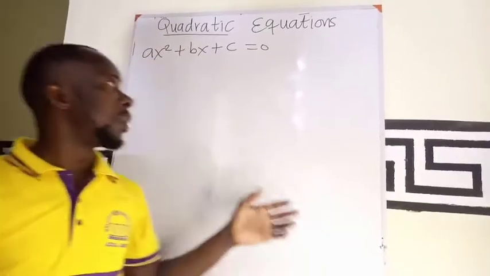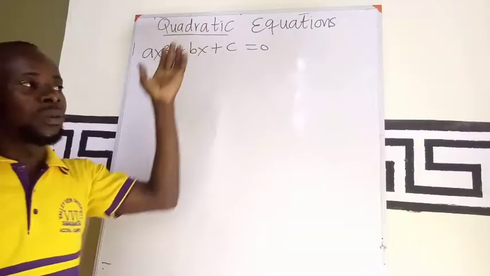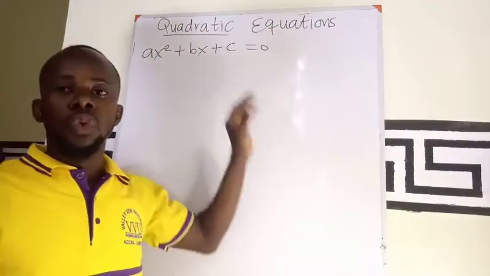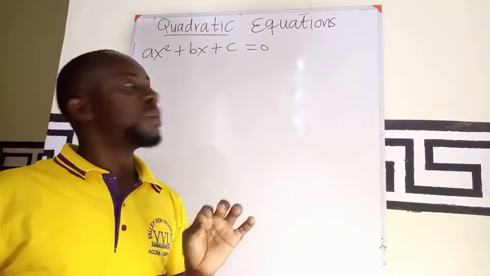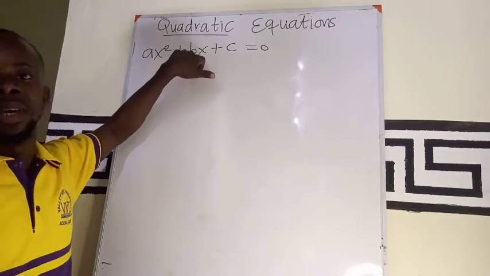Alright, so this is the equation for a quadratic equation. So we have ax squared plus bx plus c. We want to solve this through completing the square. We want to see how we can make x the subject from this equation.